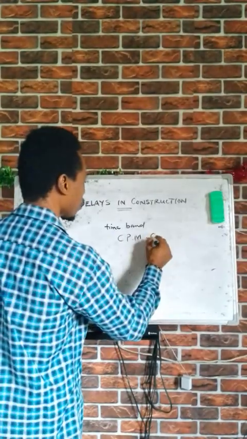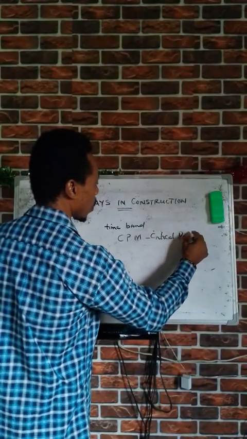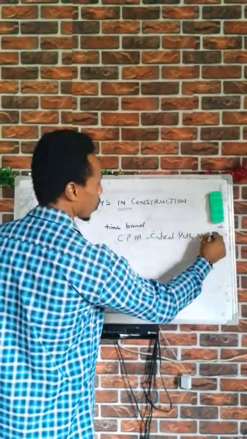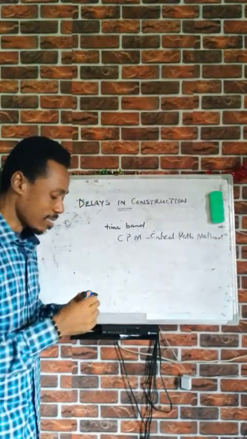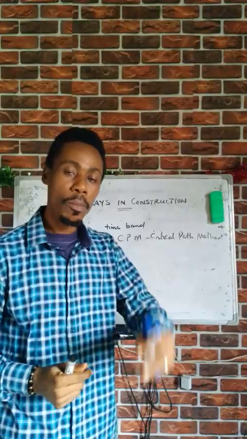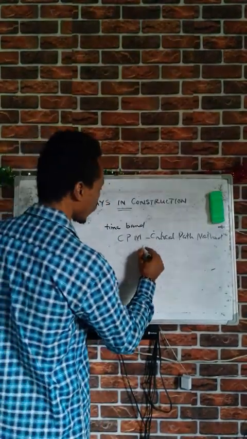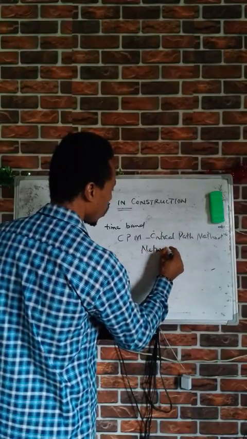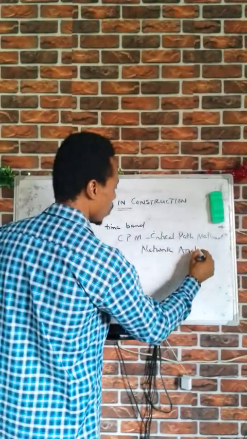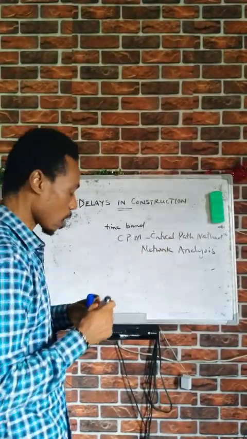This critical path method is for analyzing the timing for the completion of our project. It is what we refer to as network analysis. Now this is one of the methods under network analysis.